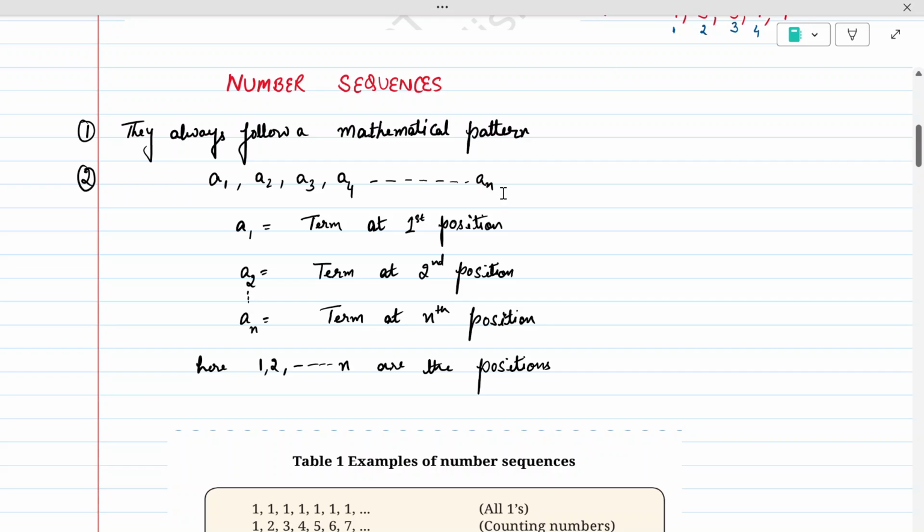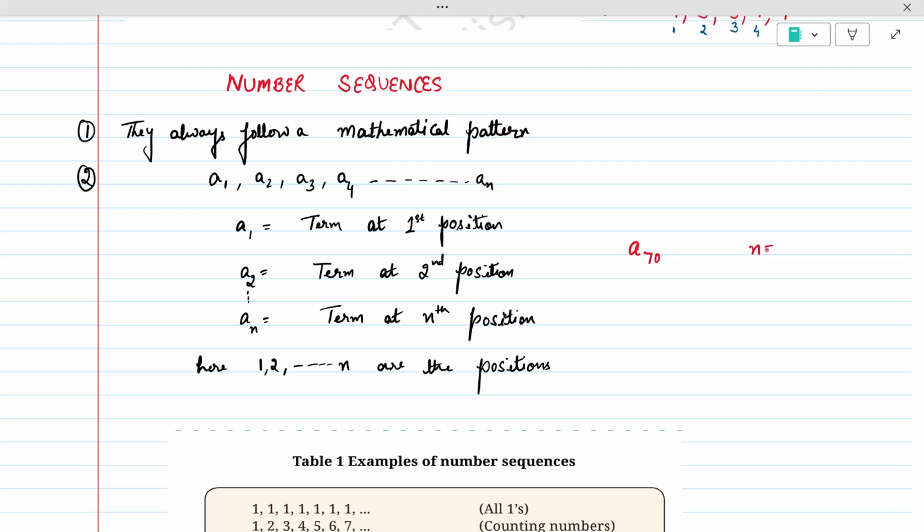Here I have written up to AN. So what is N? N can be any number. So if I ask you, what is the term which is present at the 70th position? In that case, N will be 70. Suppose I say that you have to find the term at the 70th position, so it will be A70.